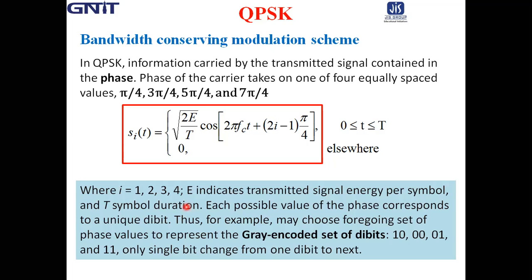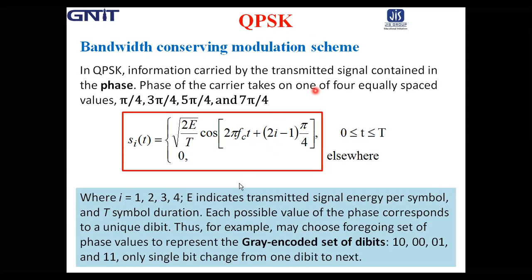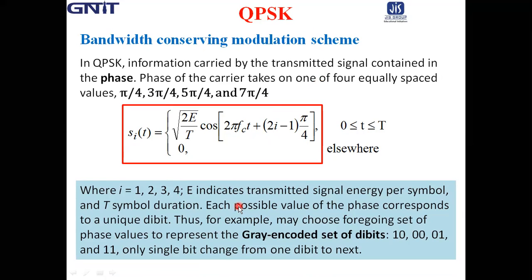Thus, for example, we may choose the foregoing set of phase values to represent the Gray encoded set of dibits, that is 10, 00, 01 and 11, where only a single bit is changed from one dibit to the next.